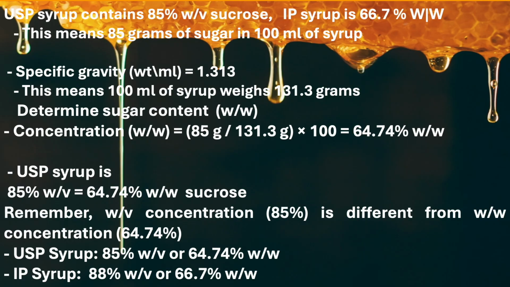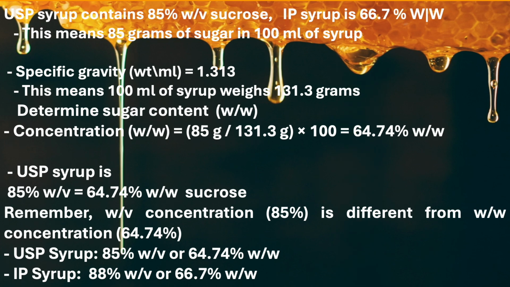So how much is present in 100 grams? The concentration in terms of weight by weight is equivalent to 64.74% weight by weight. So your syrup USP, which is 85% weight by volume, is similar to 64.74% weight by weight of sucrose.